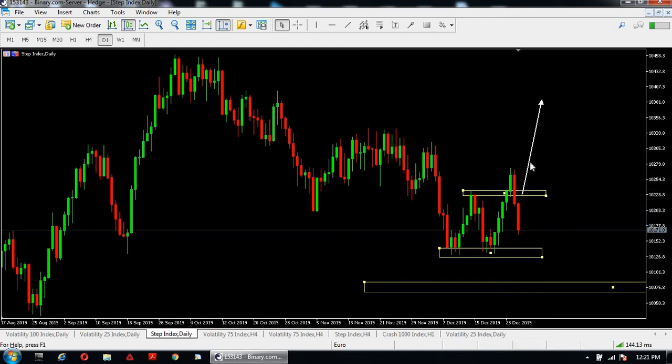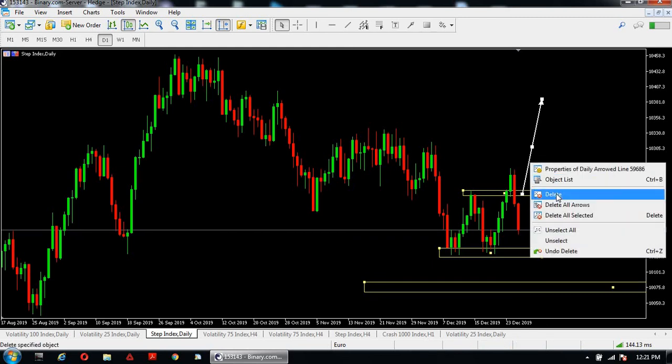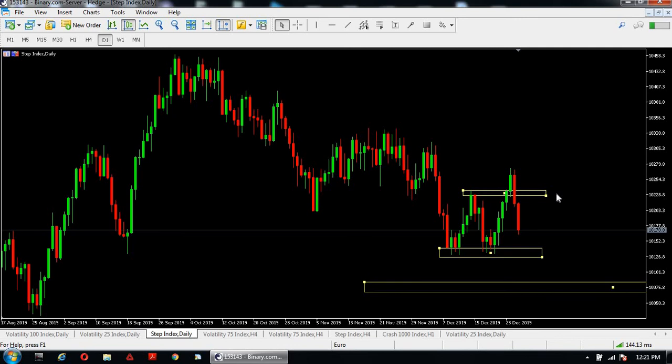From the daily time frame, what I will be expecting to see is, because right from the weekly time frame, I'm considering selling opportunities down to this zone as my first take profit area. So this is my first take profit area.